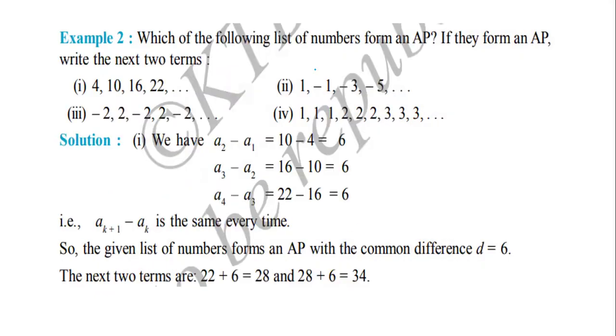Next, which of the following lists of numbers form an AP? If they form an AP, write the next two terms. First one: 4, 10, 16, 22, and so on. Here, check whether D is the same in all cases or not. Here A2 minus A1 is equal to 10 minus 4, which is 6.